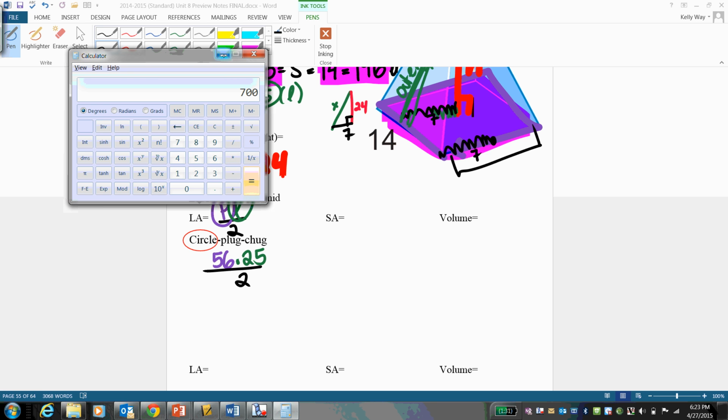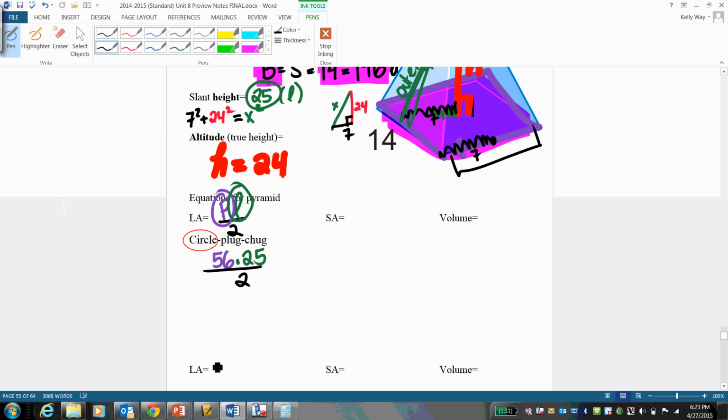And that's going to be 700. So our lateral area is 700. We checked for units. We weren't given any units, so it's units squared.